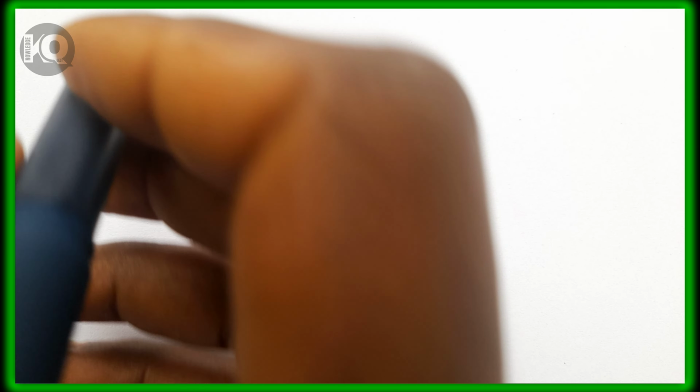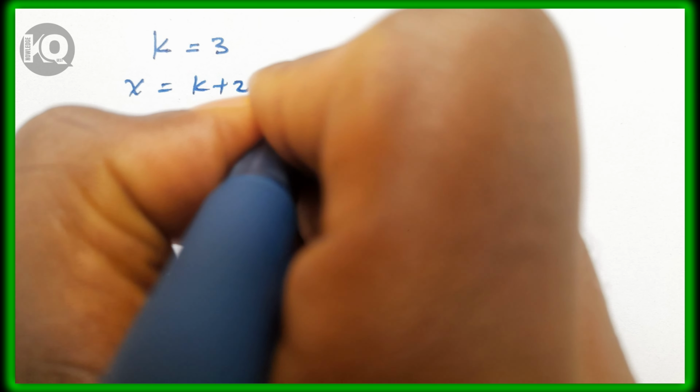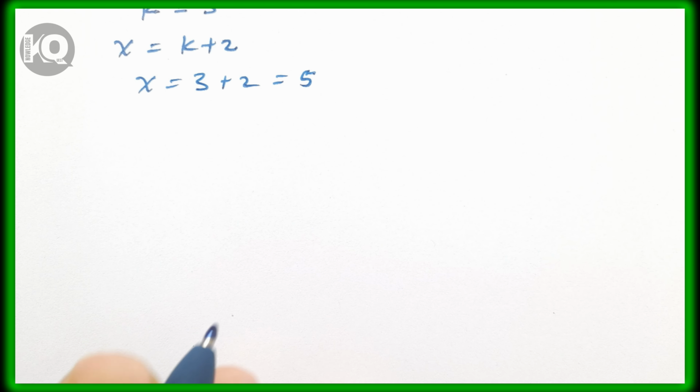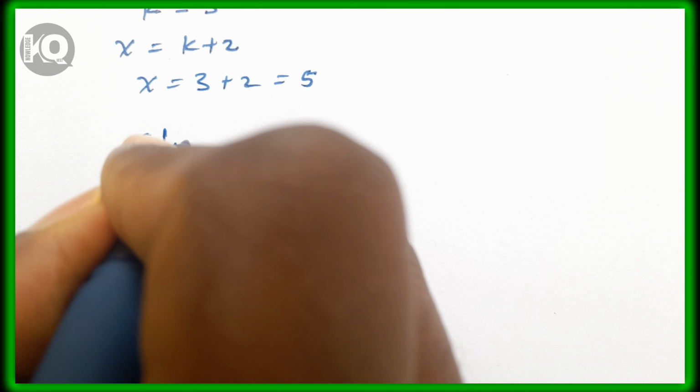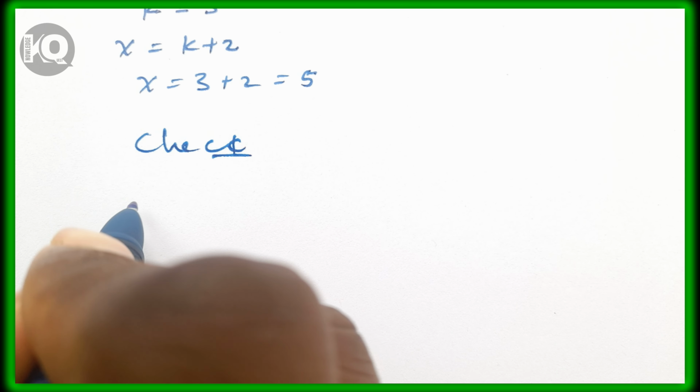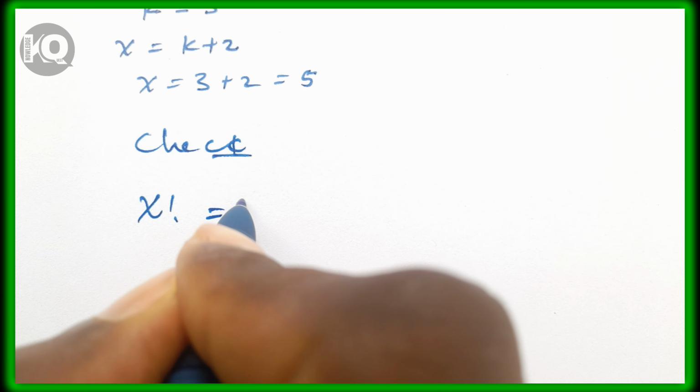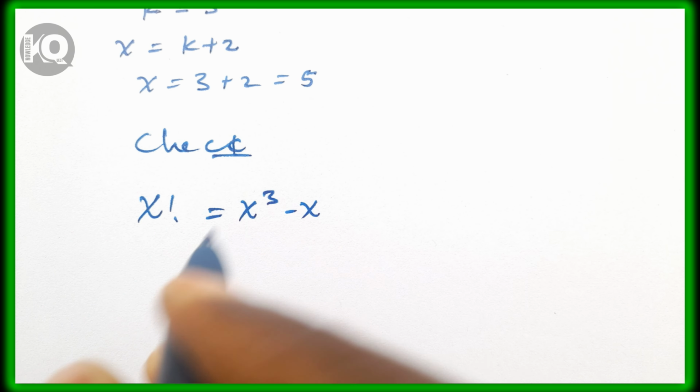So now we have k equal to 3, but x is equal to k plus 2. So x will be 3 plus 2, which is equal to 5. Now let's check it. We have the equation x factorial equal to x cubed minus x.